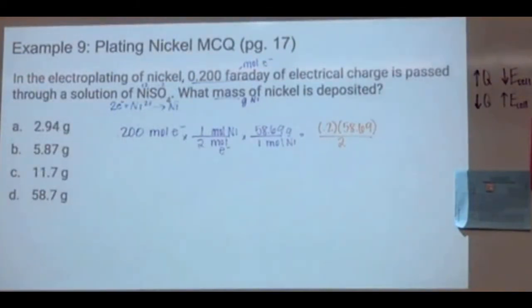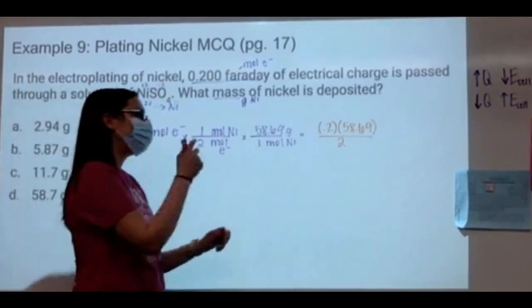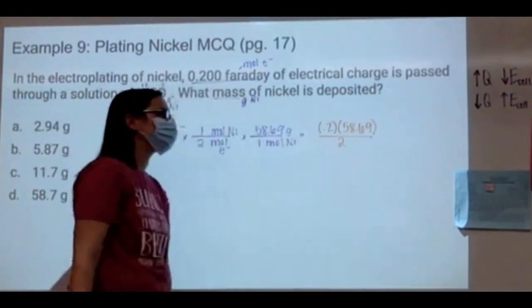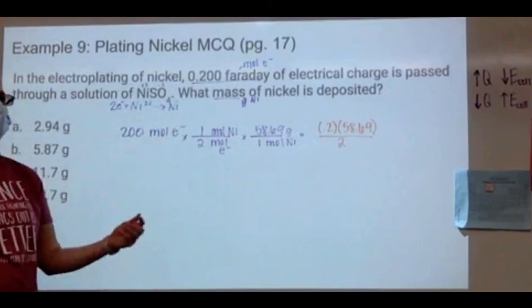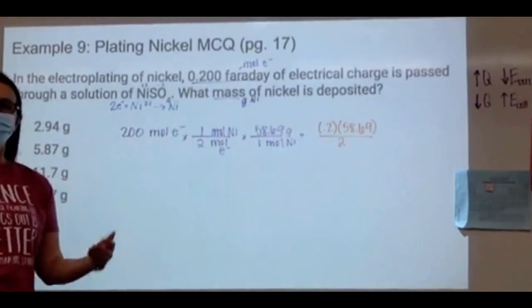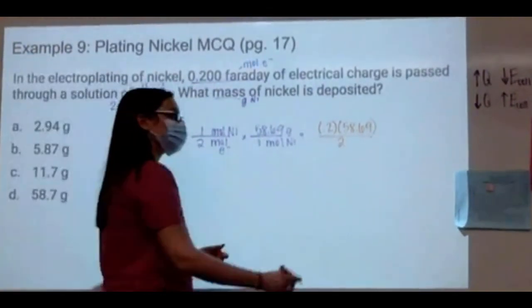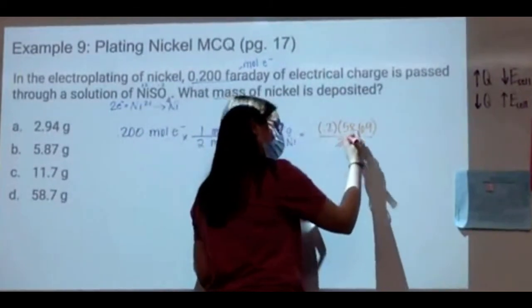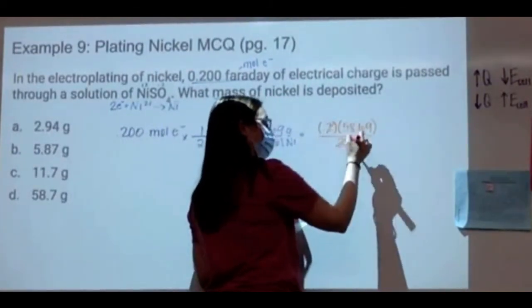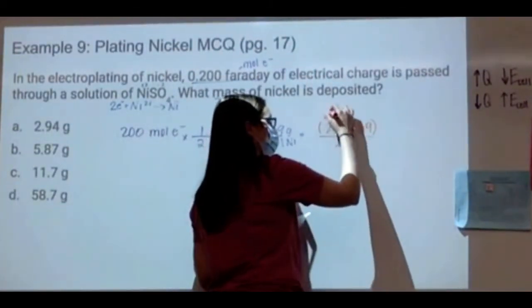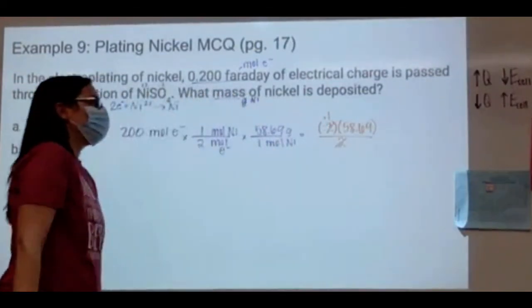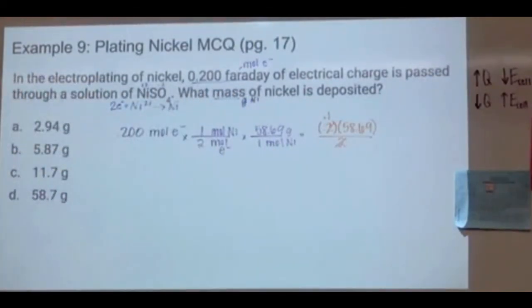Cancel where you can. I see 0.2 and 2. Well, what is 0.2 divided by 2? 0.2 divided by 2 is 0.1. Now I'm doing 0.1 times 58.69.